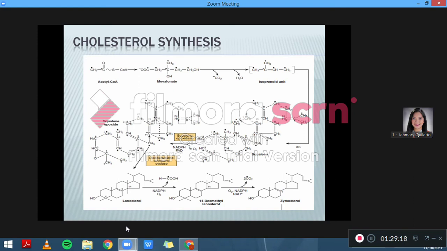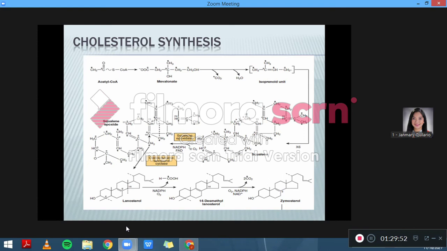Then the fourth step, Doc, would be the formation of lanosterol, wherein the squalene would fold into a structure resembling the steroid nucleus. Before the ring closure occurs, the squalene is converted to squalene 2,3-epoxide by a mixed function oxidase in the endoplasmic reticulum.